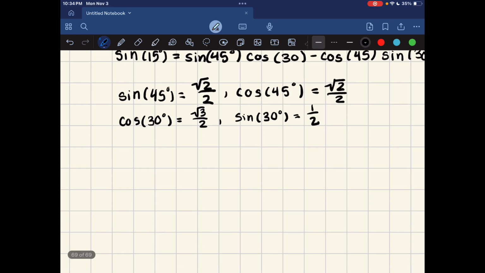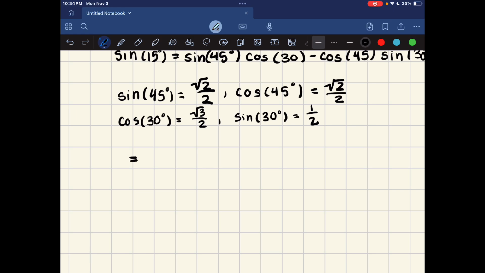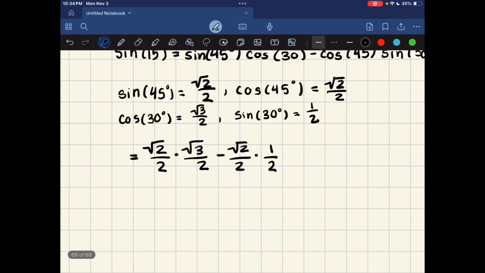So this is going to equal square root 2 over 2 times square root 3 over 2, minus square root 2 over 2 times 1 over 2. If you put this in your calculator, you're going to get square root 6 minus square root 2 over 4.